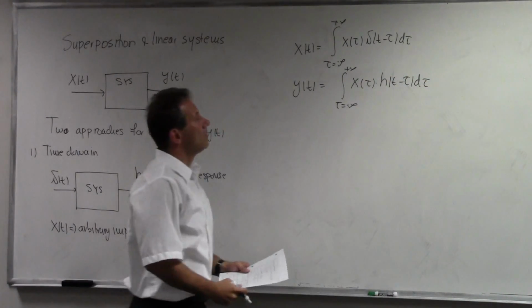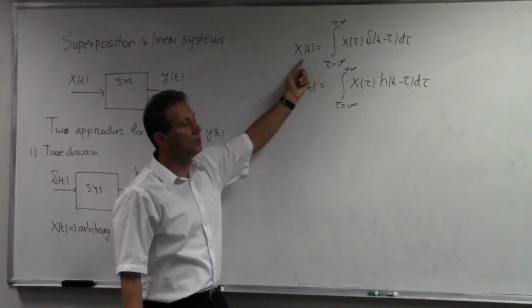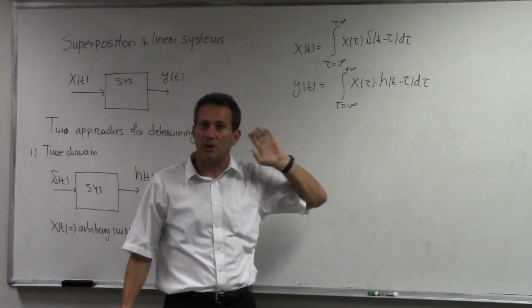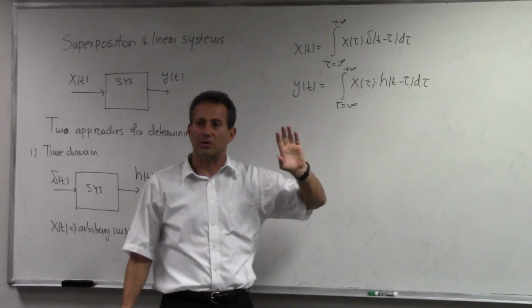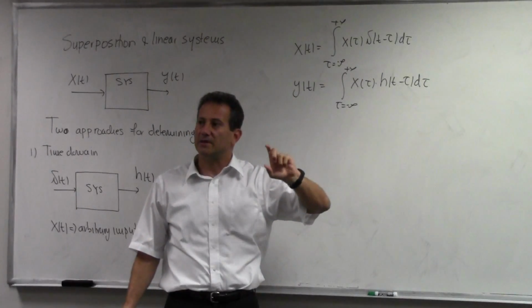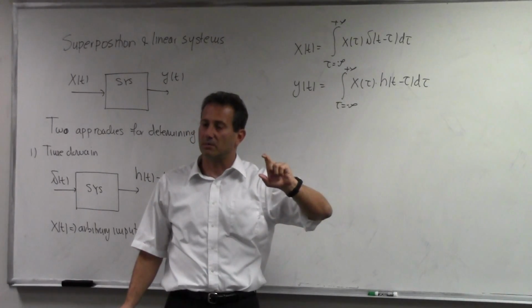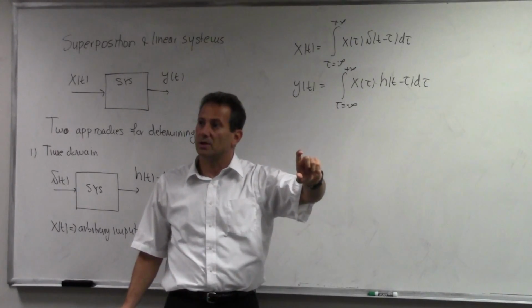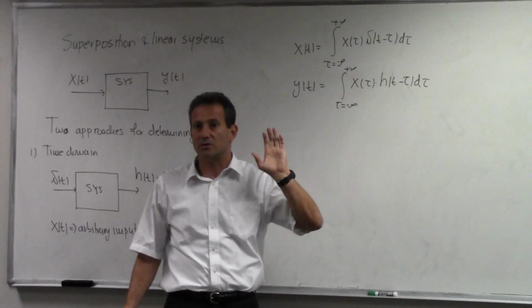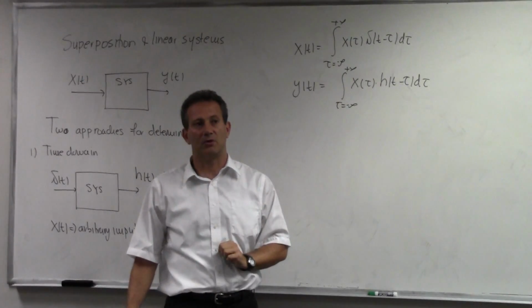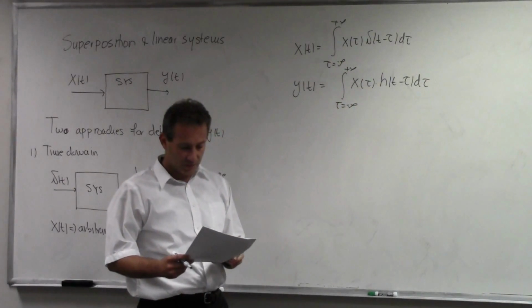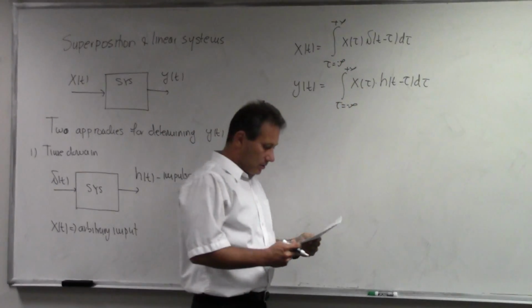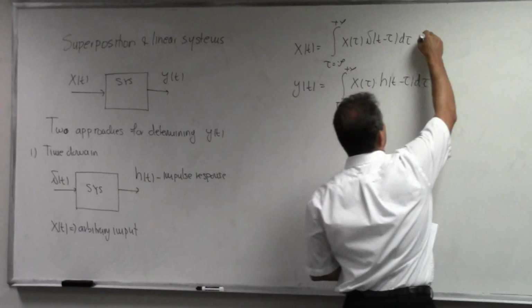So again, how do you see that? You decompose an input signal as a whole bunch of delta pulses coming one after the other. Then of course, because the system is linear, every delta pulse will produce an impulse response. And then your output is going to be a whole bunch of impulse responses that come all together, and all of them are weighted by this x of tau. So let me just put it as a note here.